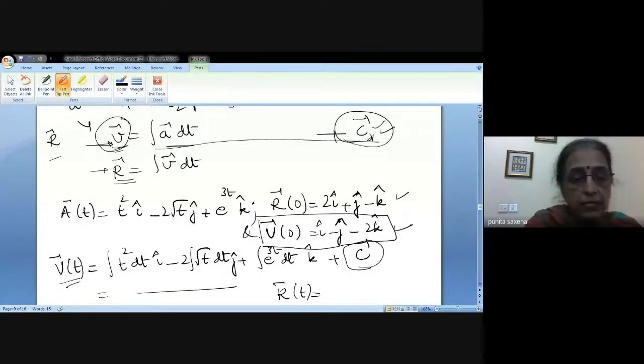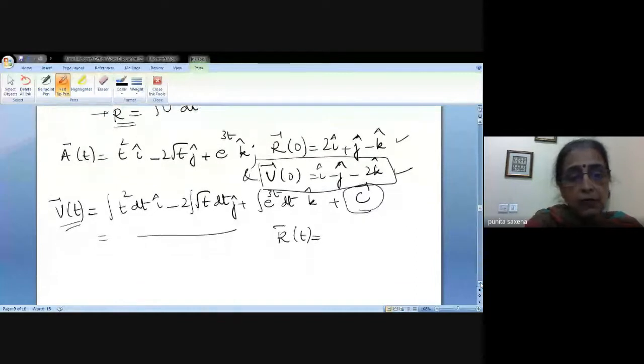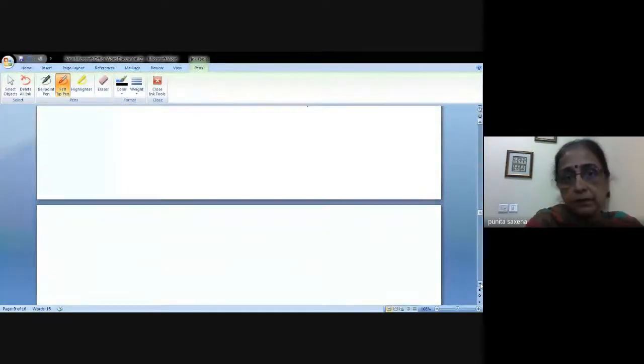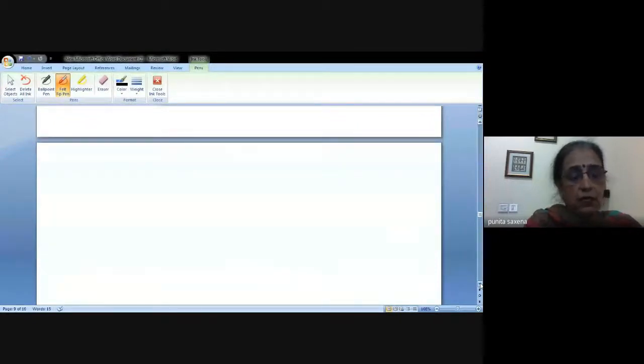There's one result here which is important. I'll just explain what it is all about. It's given as a theorem, so it is important. This theorem is called the orthogonality of a function of constant length and its derivative.